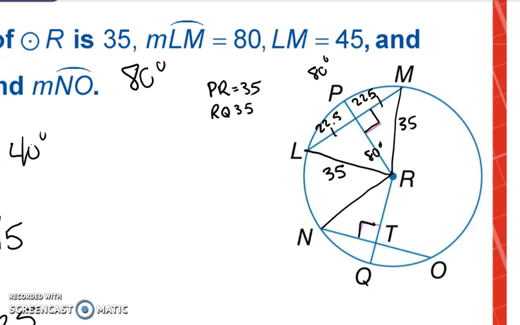And we could do the same thing over here. 35, those are all radii. If that's 80 degrees and these are congruent, then each of these little pieces are 40 degrees. So I just start out writing the little things that I already know about this thing.